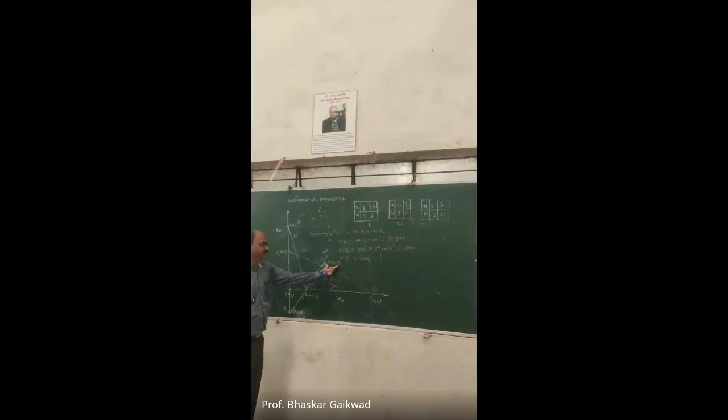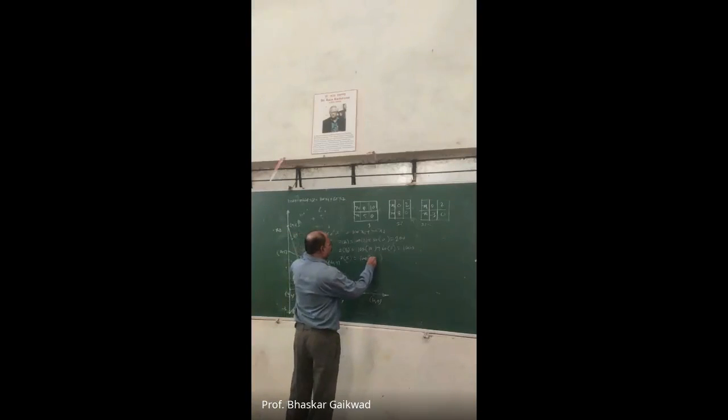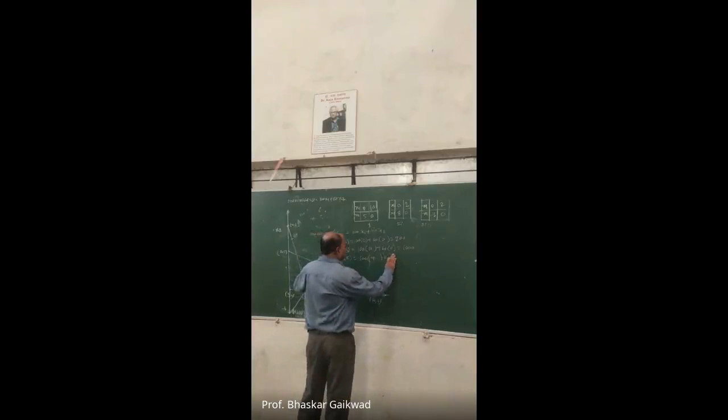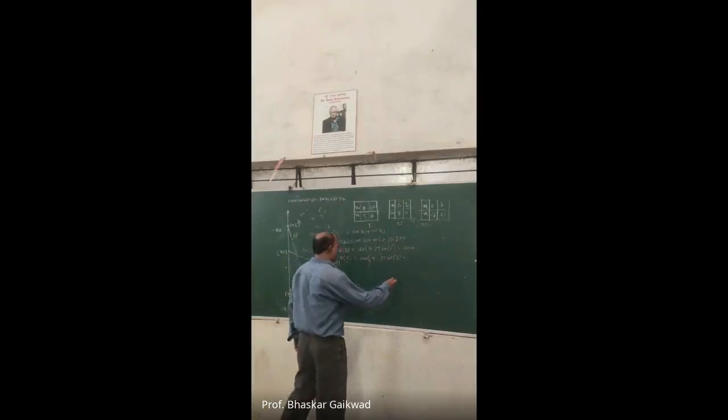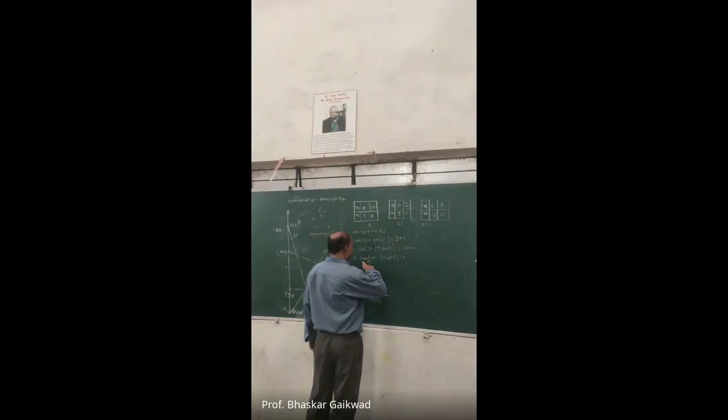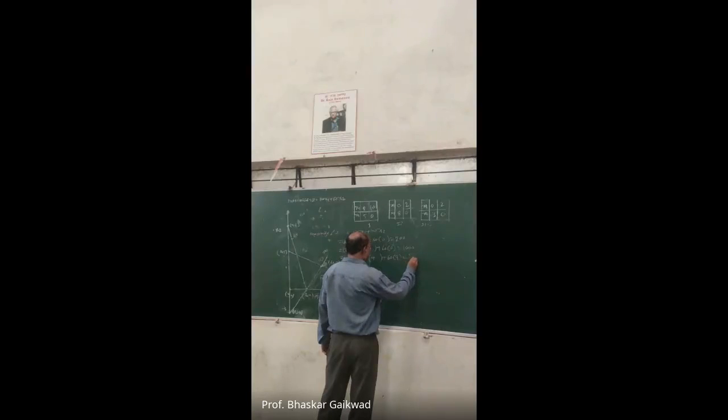What is x1? 4 plus 3 4. 63. How much here? 580.